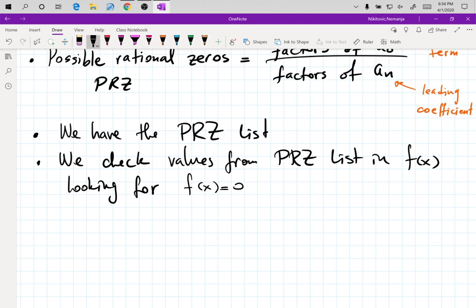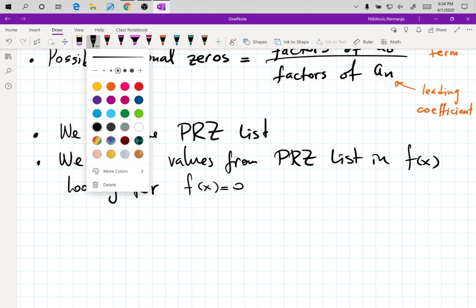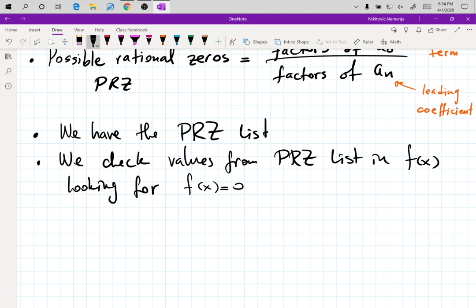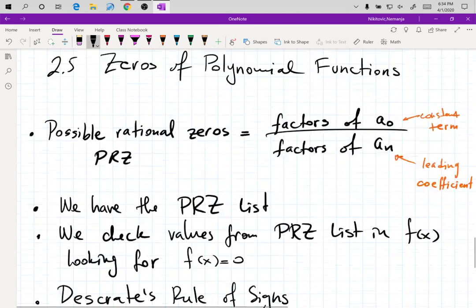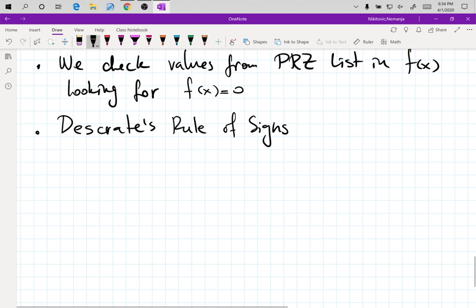I think, Descartes' rule of signs. There were a couple of these rules, but I just gave you the first one, right?